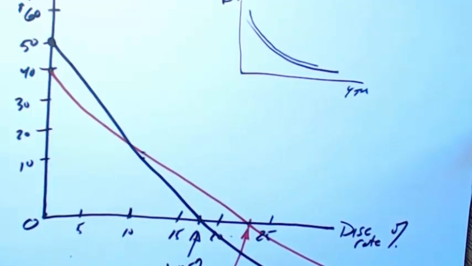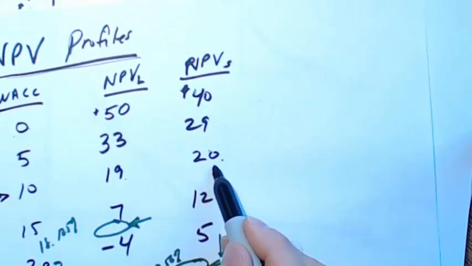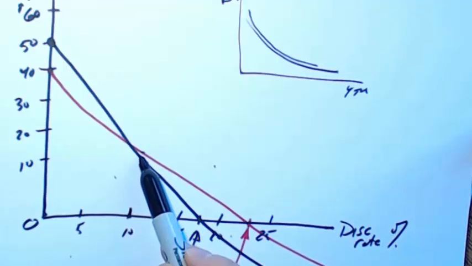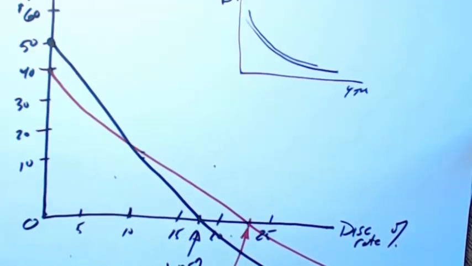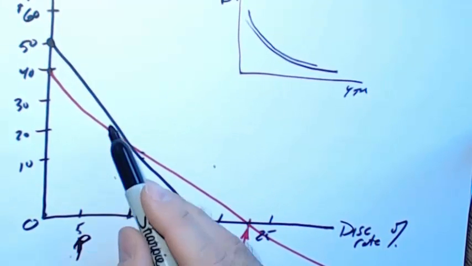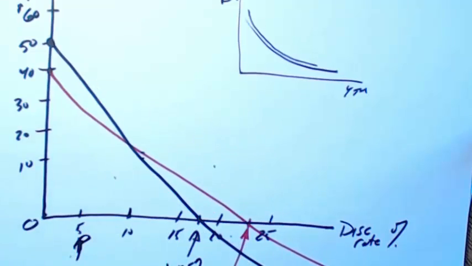You can see that S wins, because it's 20 versus L at 19. But what if the weighted average cost of capital had been less? What if it was 5%? If it was 5%, L would be the better project.